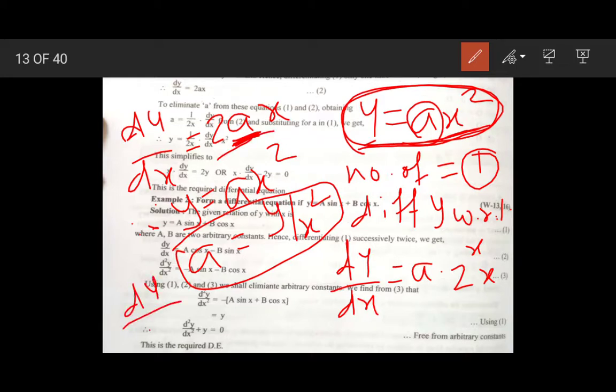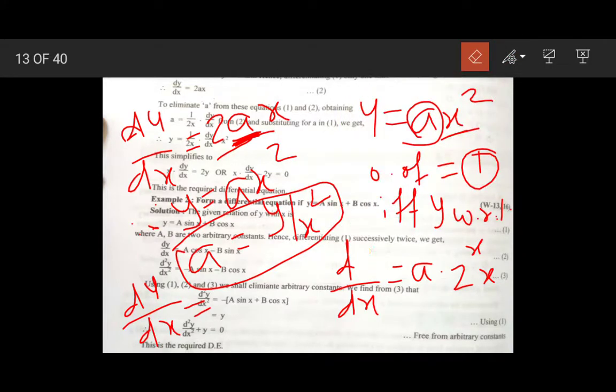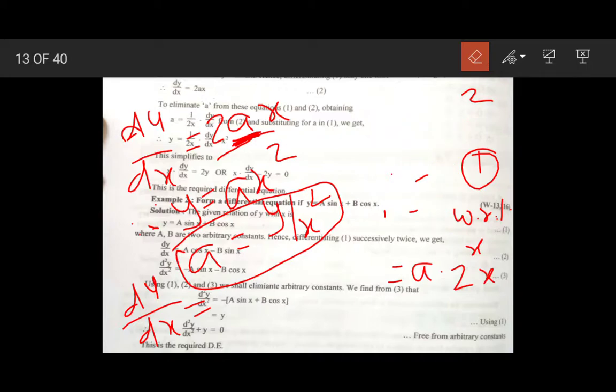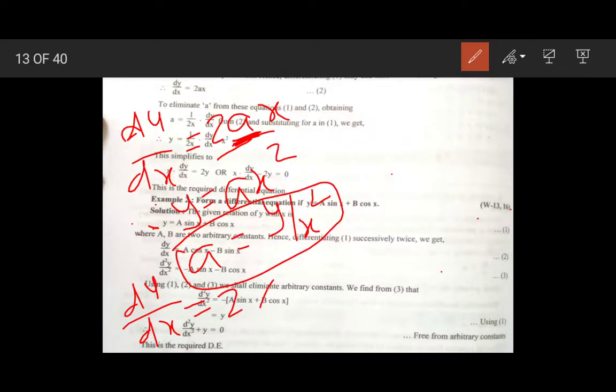Now I am going to substitute this a value in this. So it will be dy upon dx is equal to 2 into a, but a is y upon x square. So 2 into y upon x square into x.